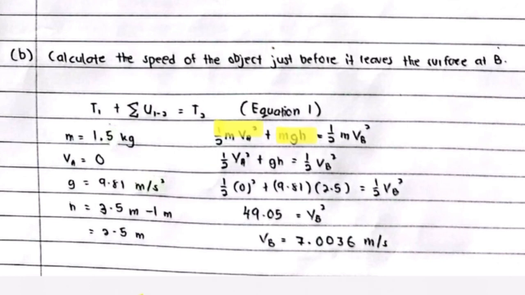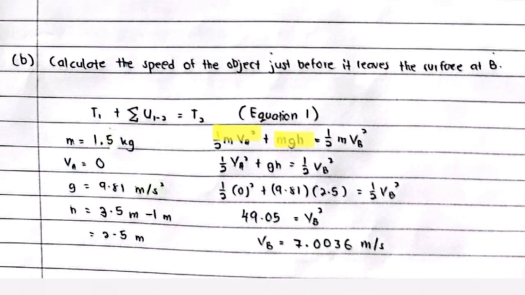With both formulas, we will solve the equation using the concept of energy: energy cannot be created or destroyed, but it can transform. We know that in figure 1, the question states that the object is at rest on top of the slide at a height of 3.5 meters.